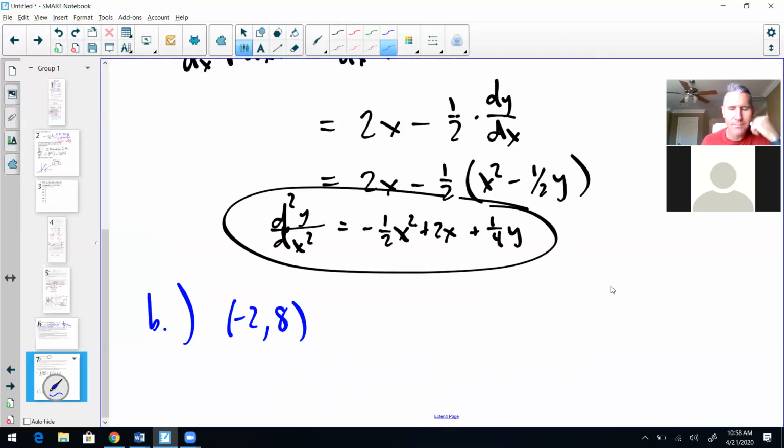Why do we need that to be true? What did we learn about wherever the derivative is equal to 0 or undefined? If the derivative is equal to 0 or undefined, what do we know? Okay, those are critical numbers.